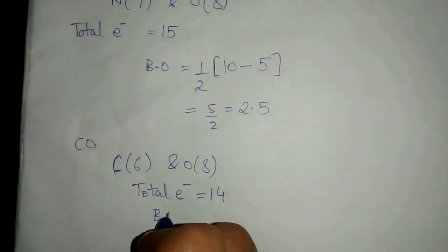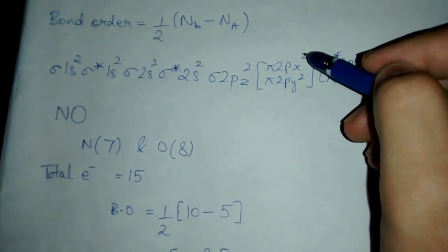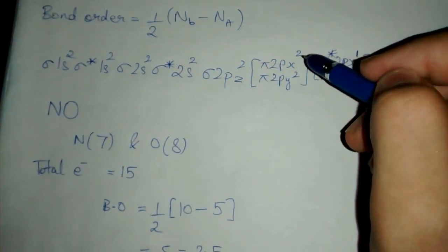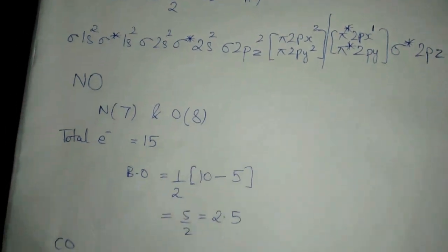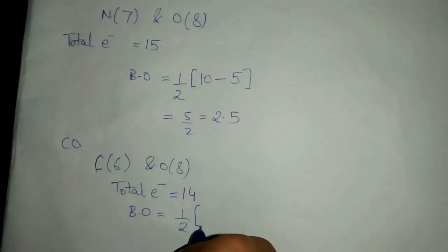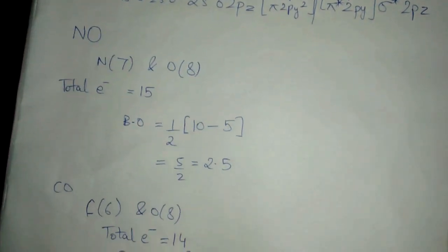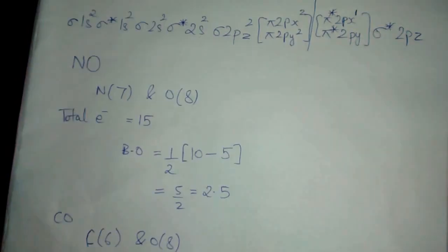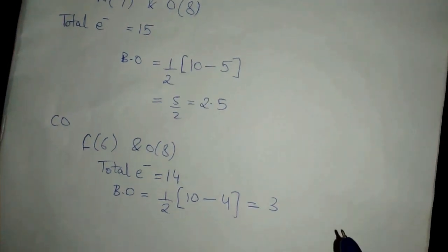So for the bond order, we fill sigma 1s2 and so on up to 14, so for CO it will be till here. So half of bonding, which is 10, minus antibonding, which is 4. So this gives us 6 by 2, which is 3.